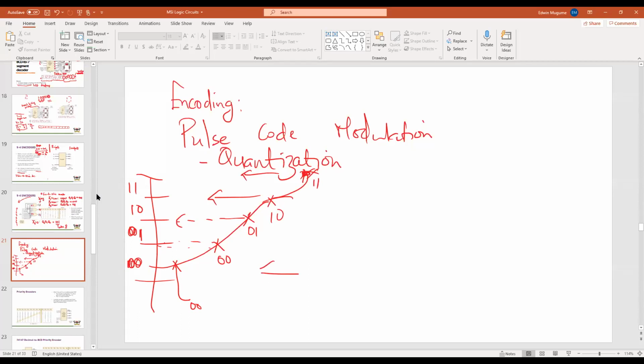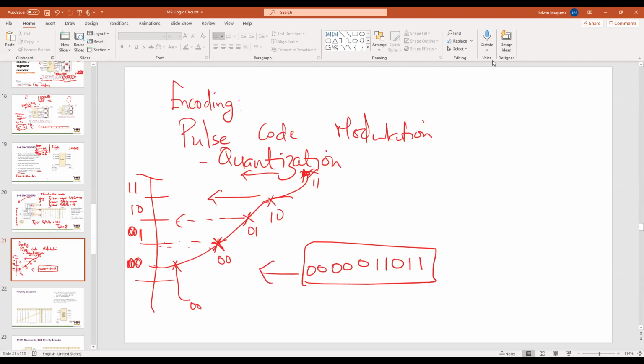This is your analog signal, and your equivalent digital signal is now 0, 0, 0, 0, 0, 1, 1, 0, 1, 1. When you do this, you have encoded. What we have is a value that could be a fraction or decimal number, and we have converted it into a binary code.